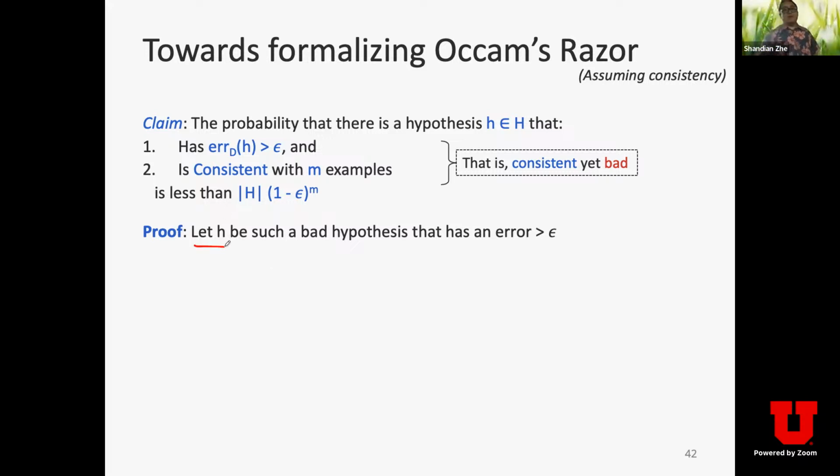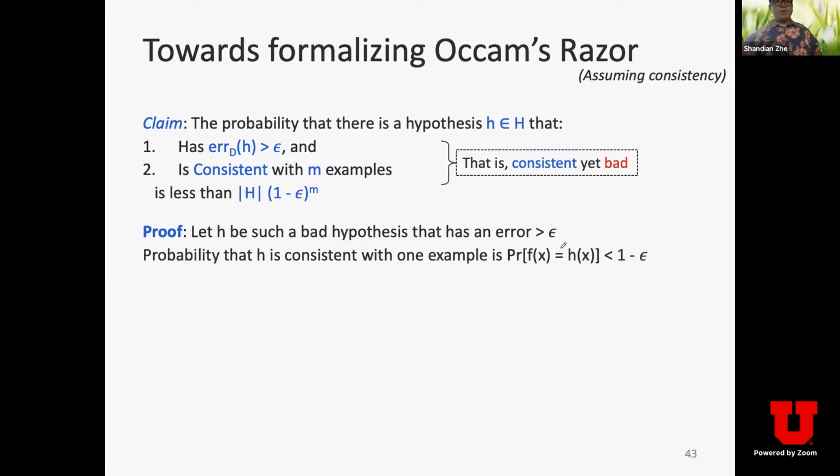So first, let us consider the case without the existence statement. The existence statement means that there exists something, right? So here, let us assume H is there, we have some particular H in our hand. We know H is a bad hypothesis, and its true error is bigger than epsilon. Then we want to ask, what's the probability that it can also consistently predict M examples?